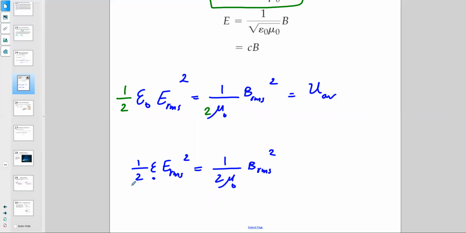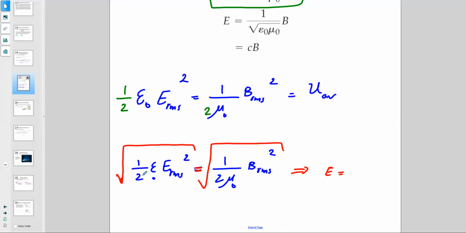And then I can put everything under the square root, right? I can put whatever we have on the right-hand side under the square root, and whatever we have on the left-hand side under the square root, and this equal sign will still be valid, because whatever happens on the right-hand side, the same thing happens on the left-hand side. So this can be transformed this way, because E to the power of 2 under the root is just E, and then 1/2 and 1/2 will cancel out.